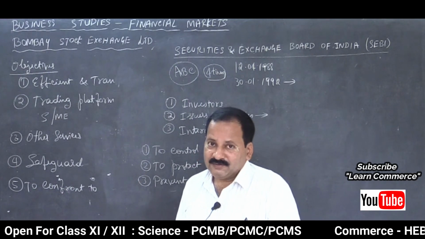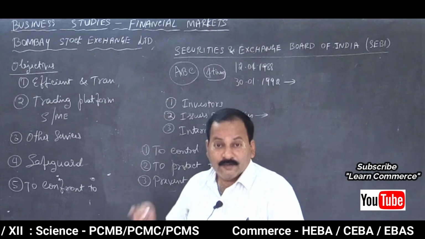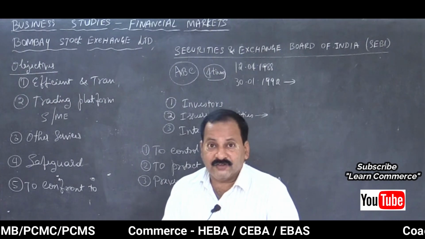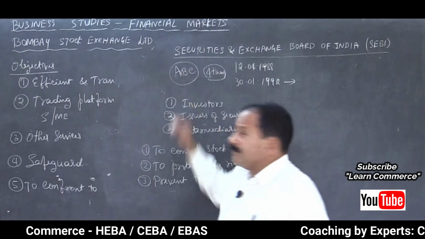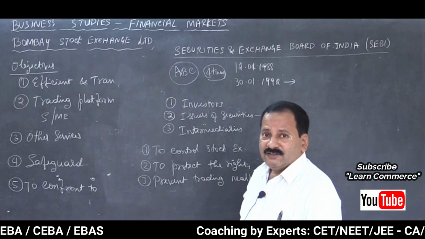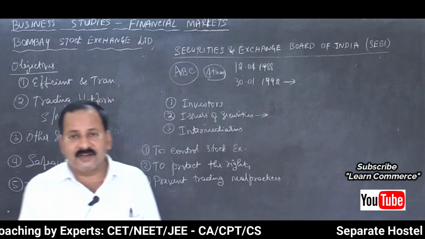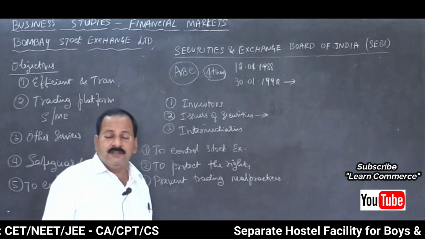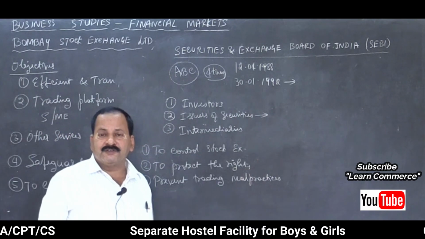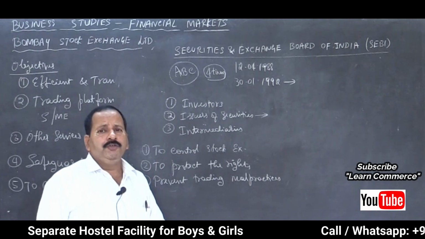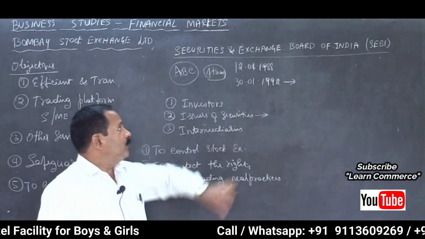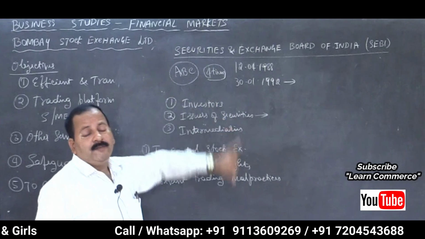Because he has bought suppose 5,000 shares or 10,000 shares. He has accumulated the shares of ABC Limited at a very low price. When he spreads the news, everyone will be interested to buy. One person starts buying, then the second, third, fourth, they will recommend it to others also. Then there will be huge demand for the shares of ABC Limited.